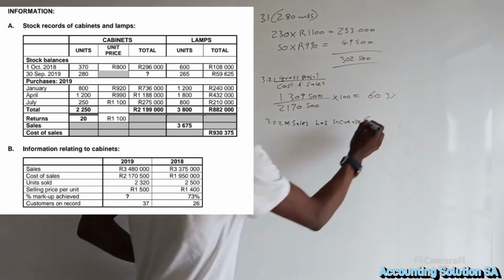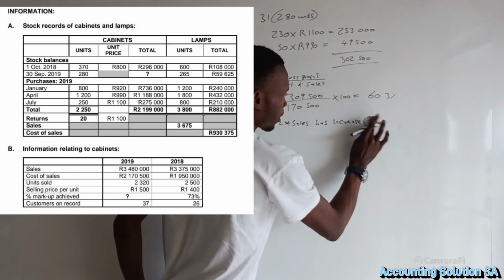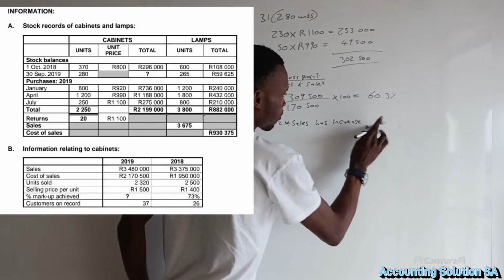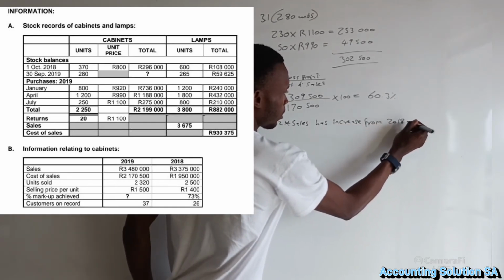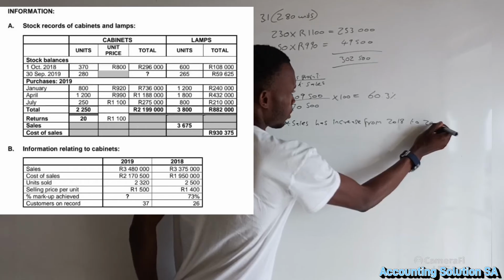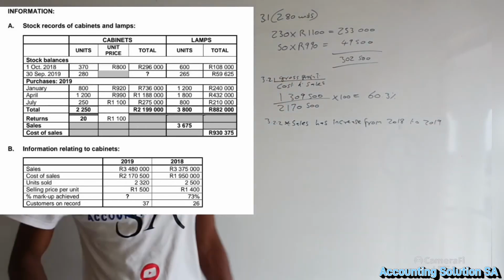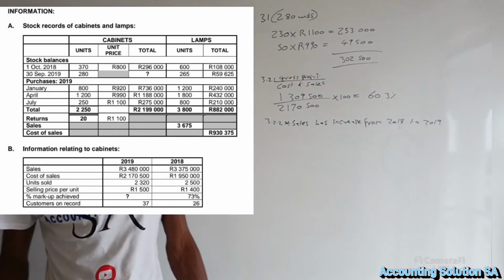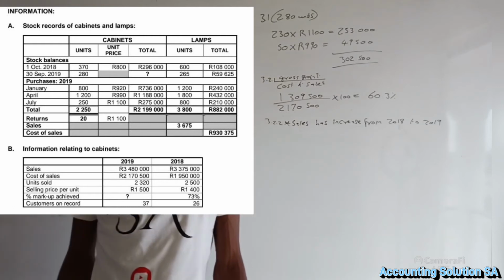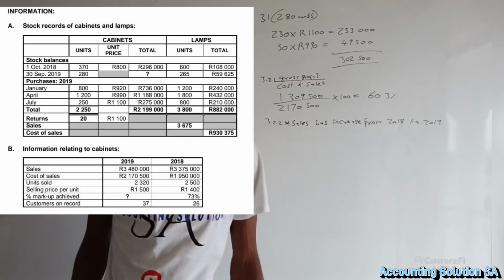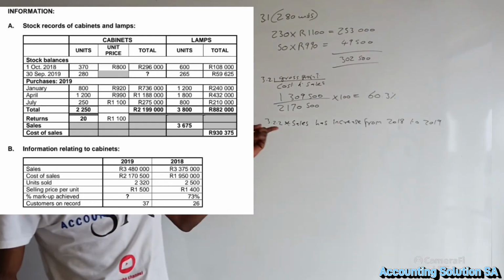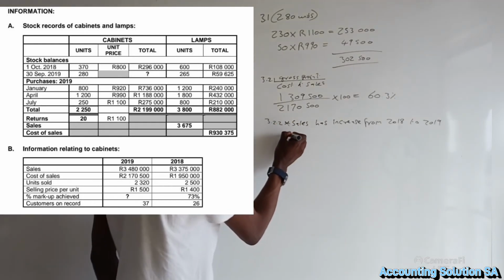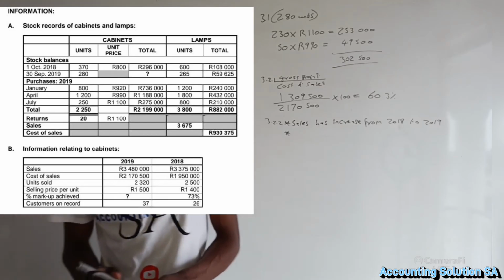If you check, it's increased from 2018 to 2019. In 2018 it was 3,350,000 and in 2019 it was 3,480,000. Just like that. Now we have to go to the second one.